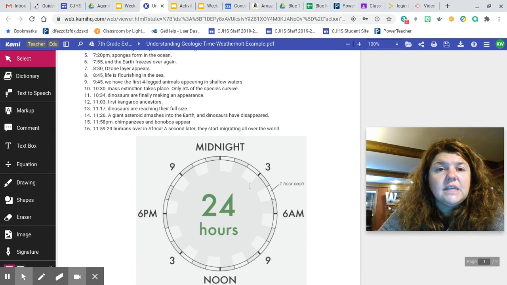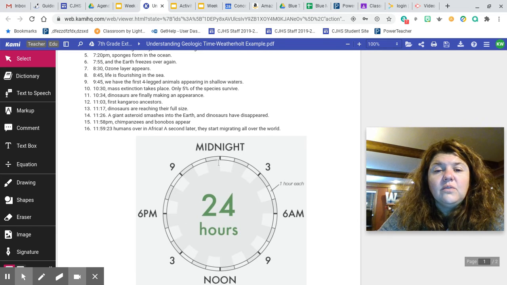This clock is a 24-hour clock. It's not a 12-hour clock. Starting here is midnight. Then here's 1 a.m., 2 a.m., 3 a.m., and then keep going around here, 6 a.m., 9 a.m., and then noon is down here at the bottom instead of it being 6.